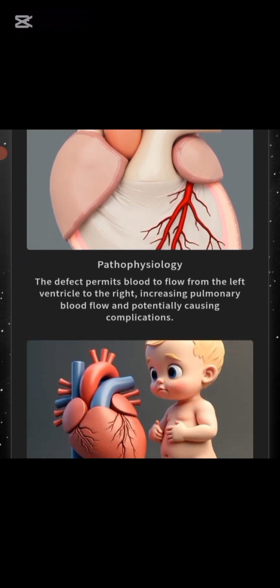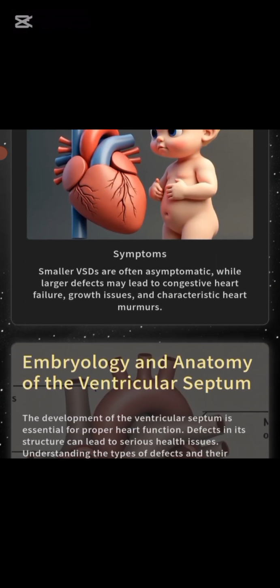Pathophysiology: the defect permits blood to flow from the left ventricle to the right, increasing pulmonary blood flow and potentially causing complications. Symptoms: smaller VSDs are often asymptomatic, while larger defects may lead to congestive heart failure, growth issues, and a characteristic heart murmur.